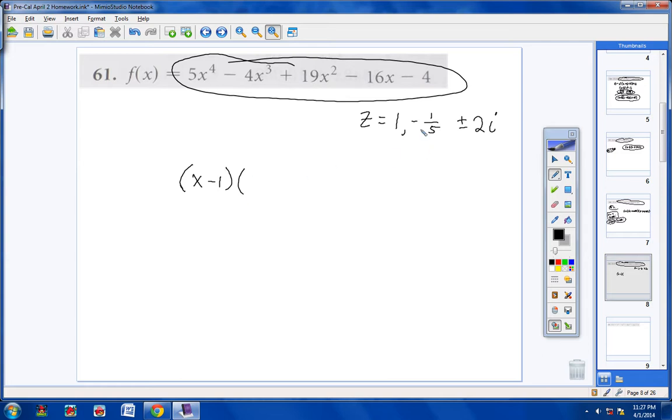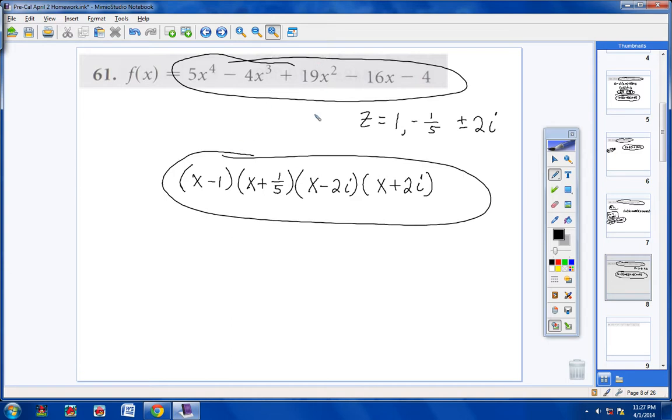One of my zeros is negative 1/5, so I'm going to put x plus 1/5. One of my zeros is positive 2i, so I'm going to put x minus 2i. One of my zeros is negative 2i, so I'm going to put x plus 2i. And there, you did it. You wrote this polynomial expression right here into linear factors.